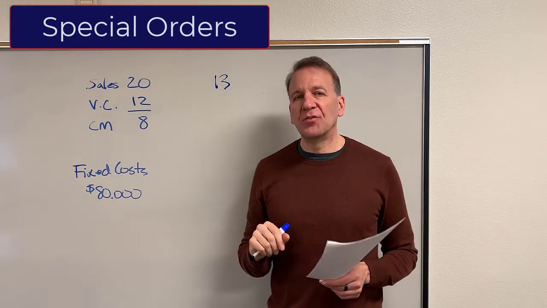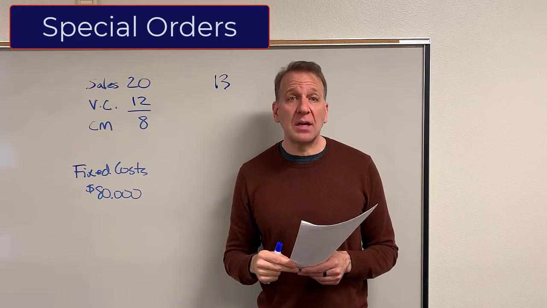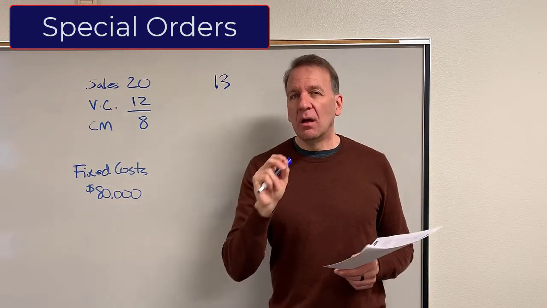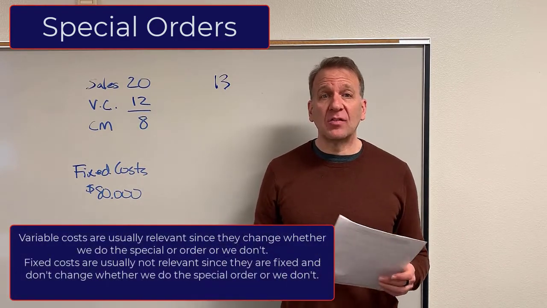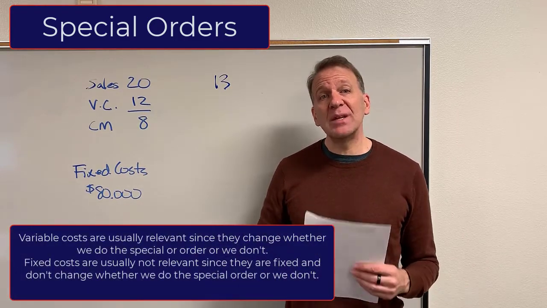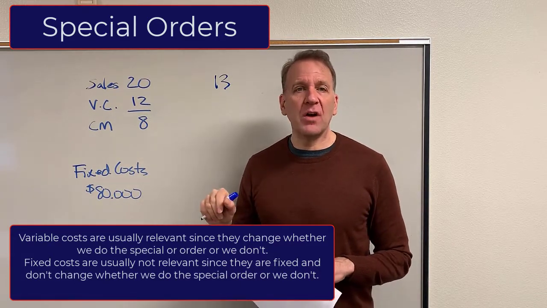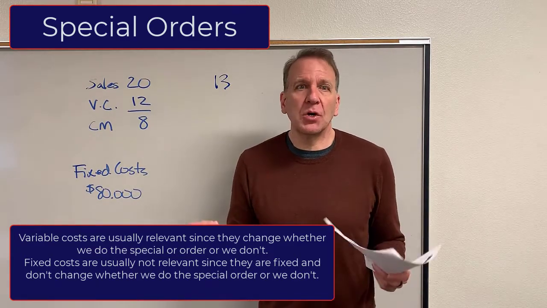So I'm going to put down here, if we accept the special order, then we would get $13. Now the question is, what happens to our costs? Will they change or not? First of all, variable costs. We're usually going to assume that variable costs are relevant information, because if we sell the soccer balls, then we will incur that $12 of variable costs. If we don't sell the soccer ball, then we won't incur that cost.